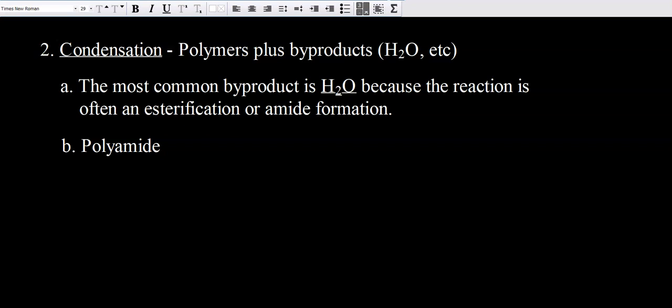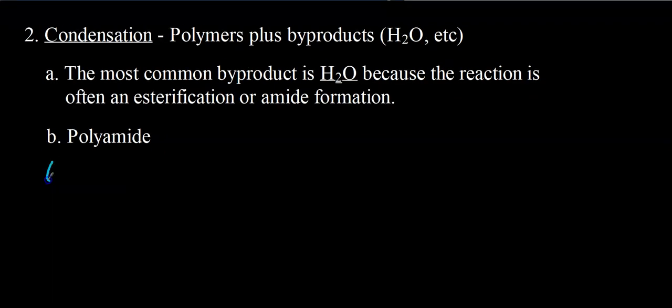We'll start with polyamides, and there's a couple examples you need to know. One of them is called 6,6 nylon, or just nylon in general. What's important to know here is the reaction that produces nylon.